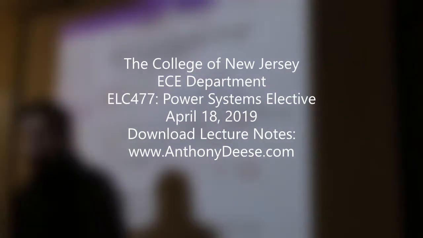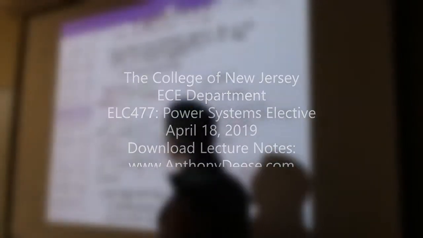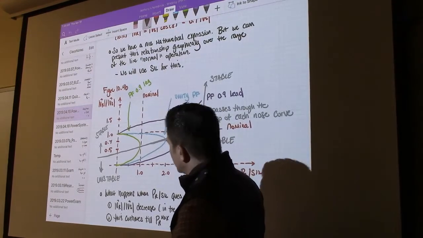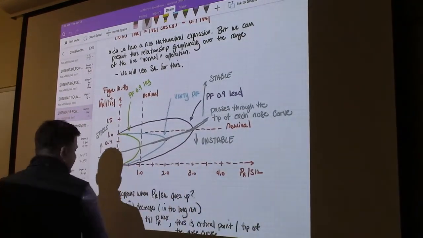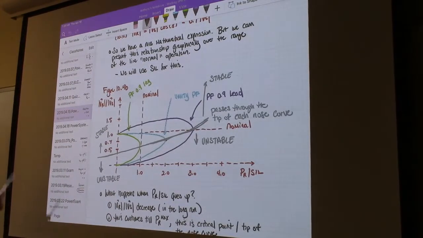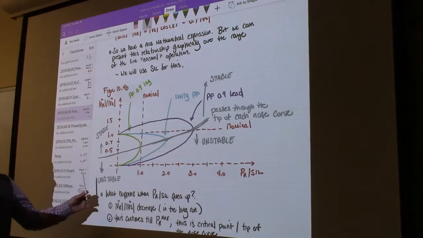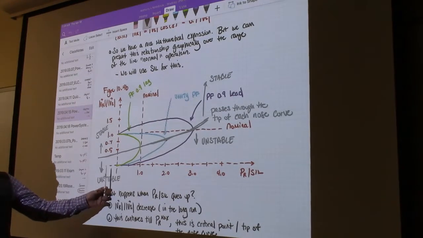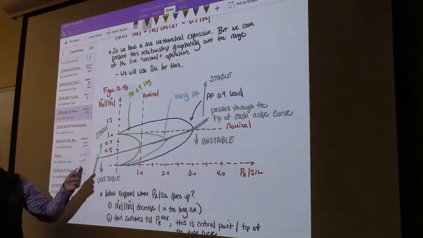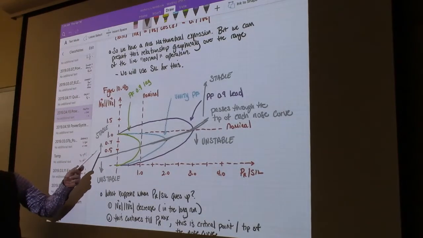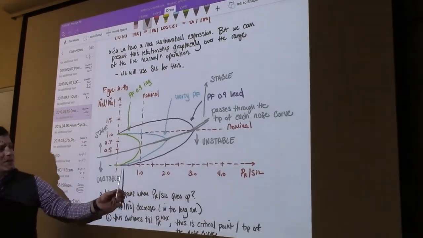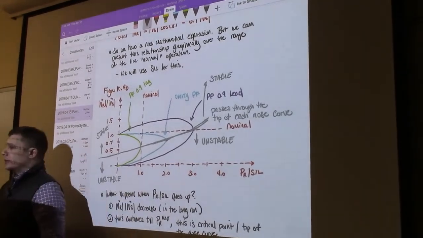Last time we were talking about this graph, which shows, for a case where we made several assumptions listed earlier in the notes, the ratio of the receiving to the sending end line voltage magnitude versus the x-axis, which is the received power over the surge impedance loading.